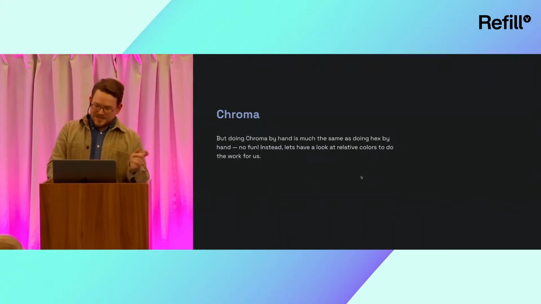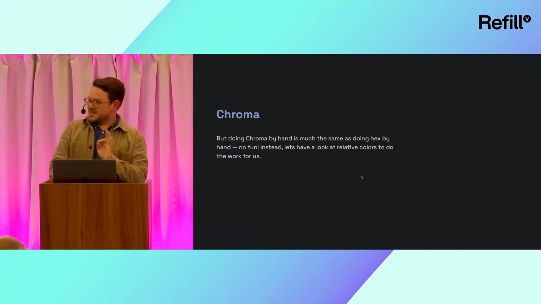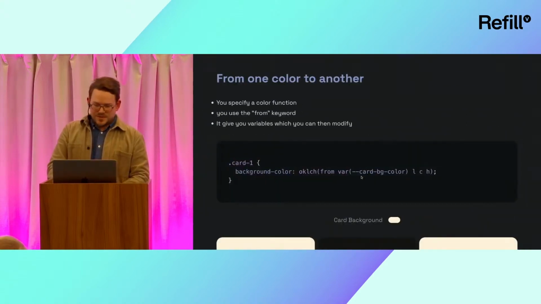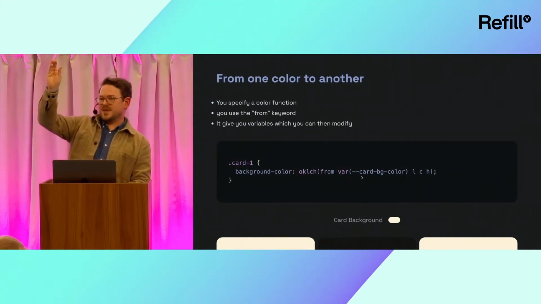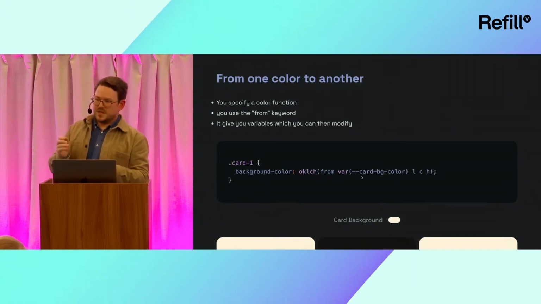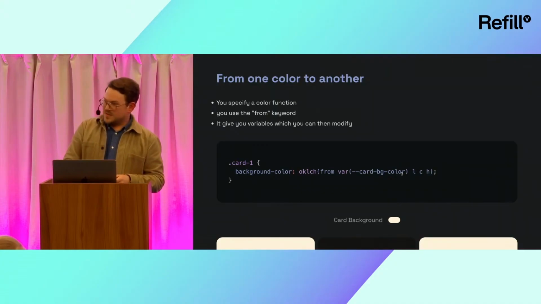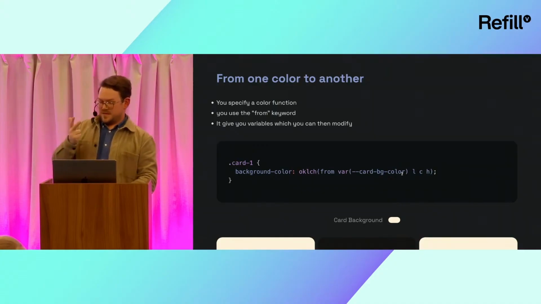Let's instead have a look at how we could do it with some nice CSS. Recently, in CSS, we got something called relative colors, where you can take one color in a color space, in this case LCH. We give it a hex color, and then we get the values from that color.